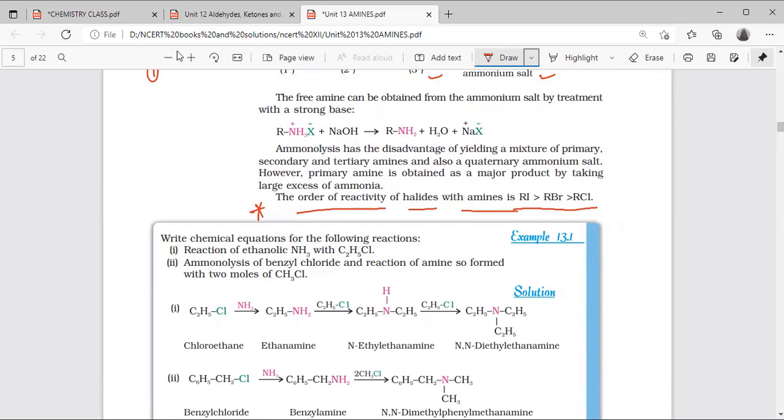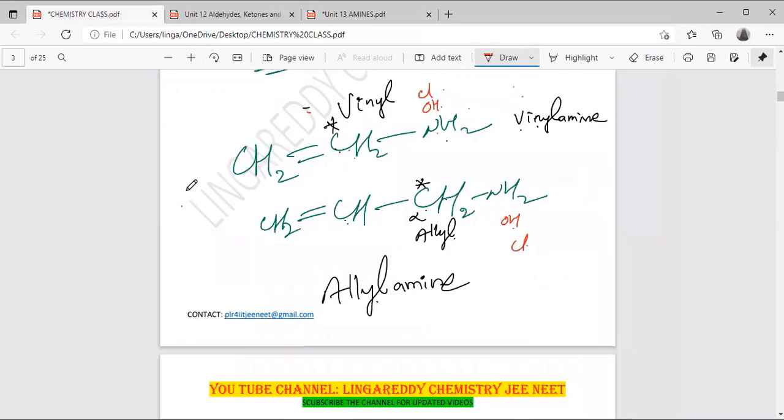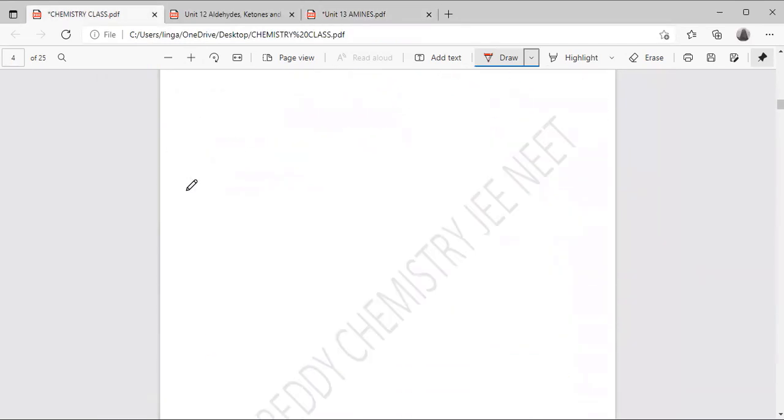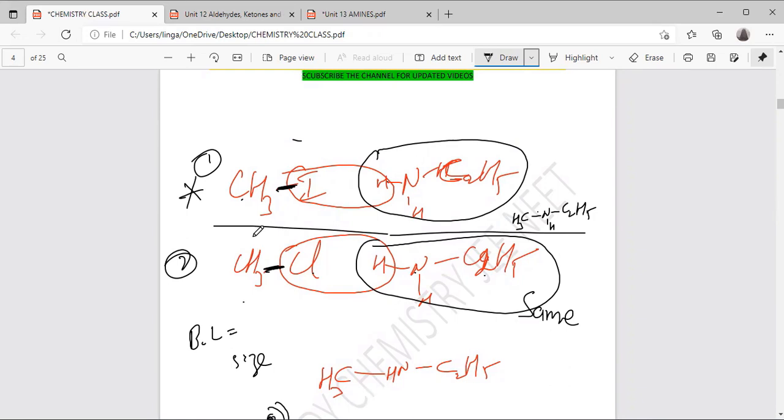If RI is there, it will break easily with iodine, because the bond length is more, so it breaks easily. So easily breaking, the new compound is forming. So where is the reactivity more? With iodine.